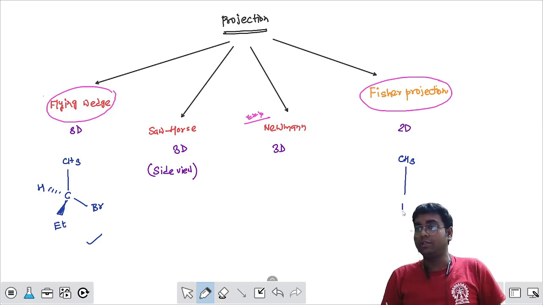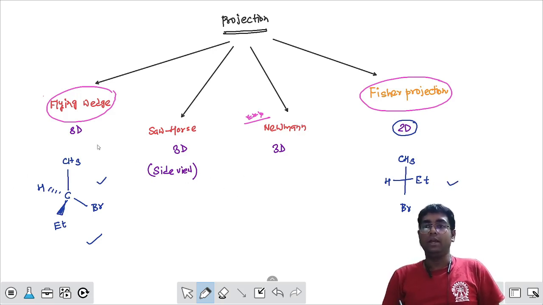So the projection will look like this one, ethyl and H. Okay, so this is a 2D projection, and this molecule is same, and we will learn how to interconvert between them, that how I have converted this structure to its 2D projection, that is the Fischer projection.